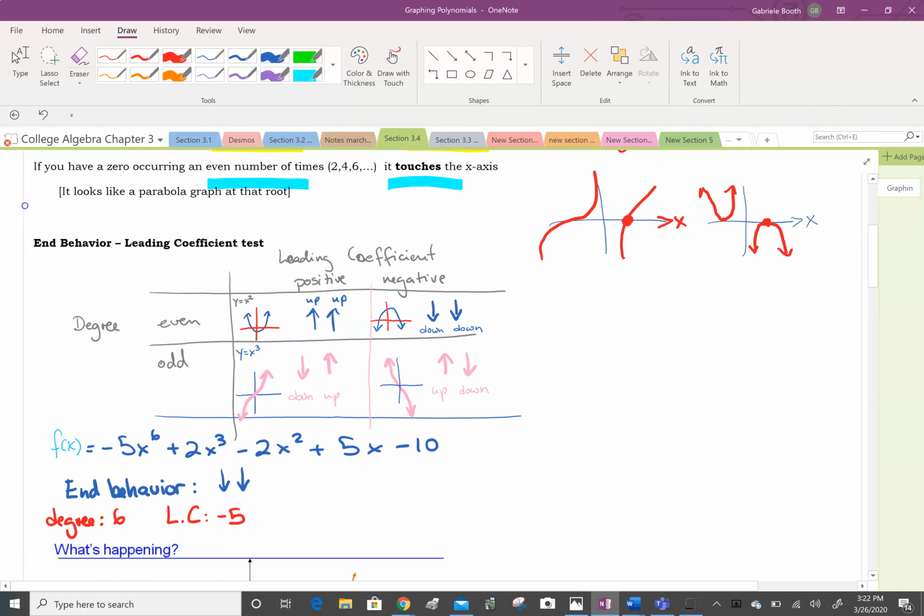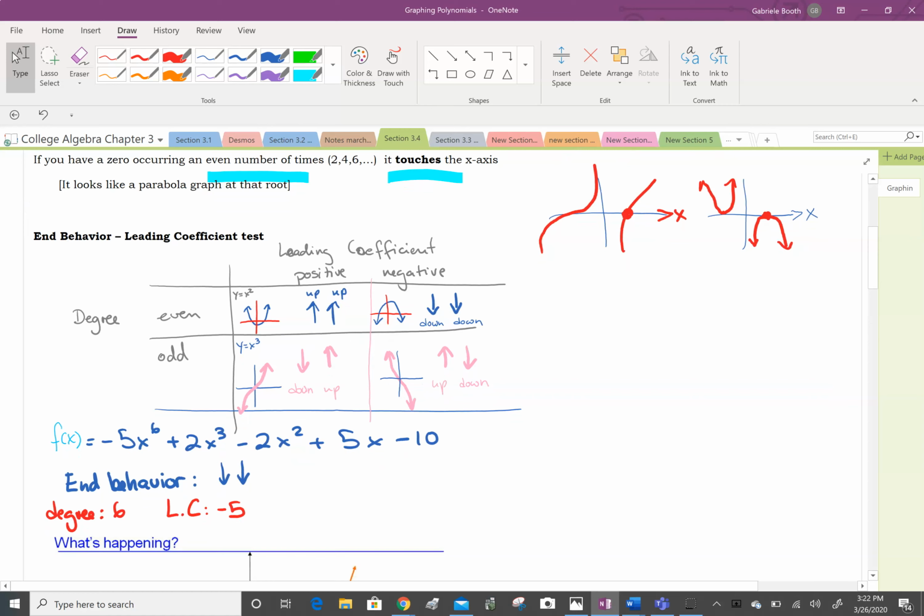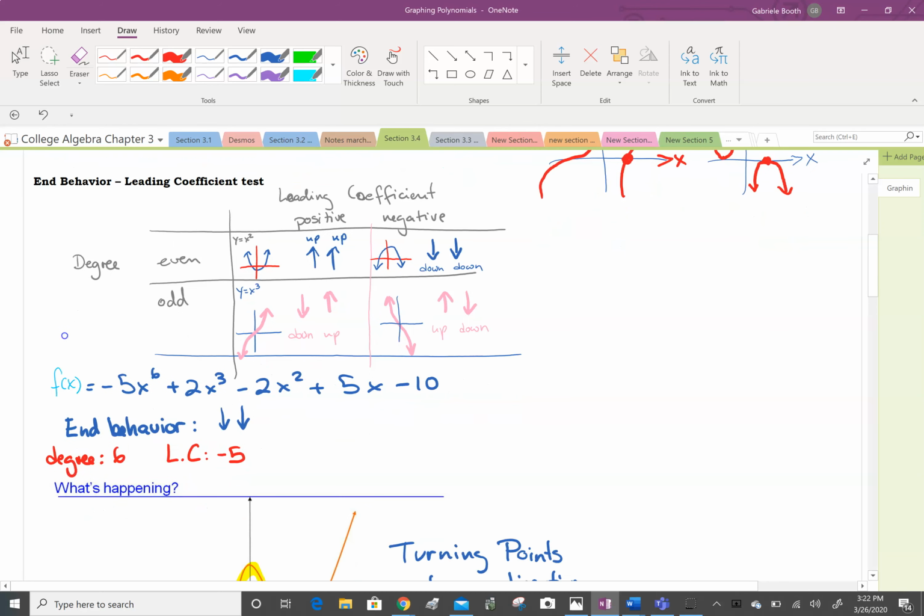I made a little table here. So if the degree of the polynomial is even and the leading coefficient is positive, then the end behavior is up. If the leading coefficient is negative, then the end behavior is down. If the degree is odd, x cubed for example, then we're going down on the left-hand side and up on the right-hand side.